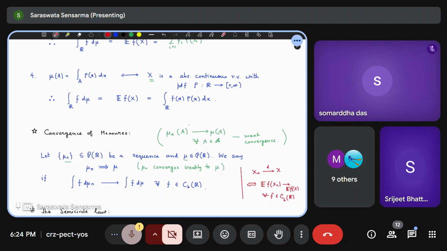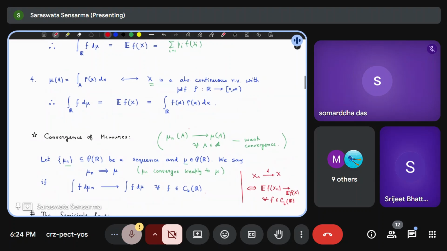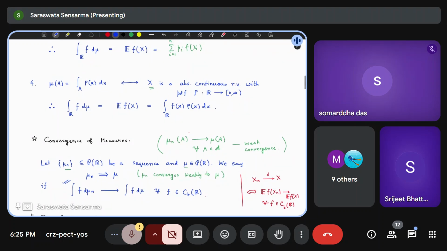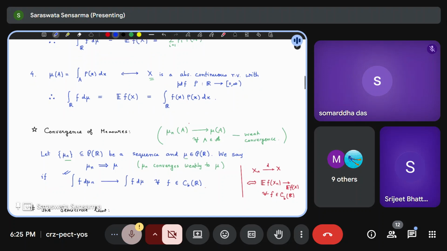Okay. So this will be our definition of weak convergence. All of these are equivalent, but this is the definition that we'll continue to use.